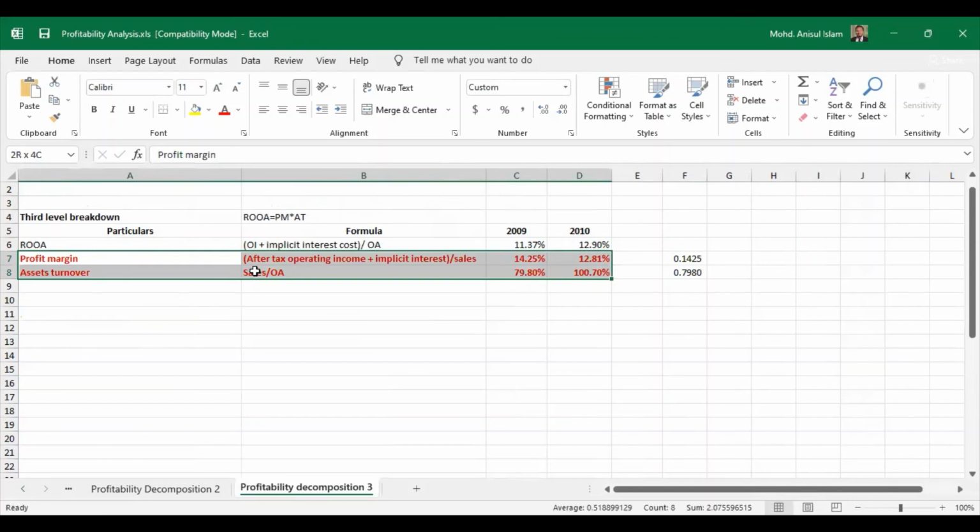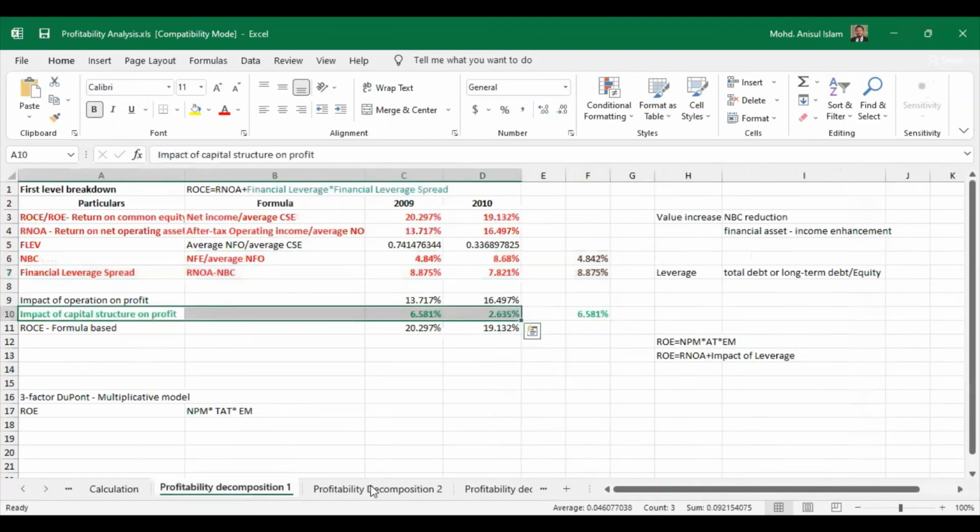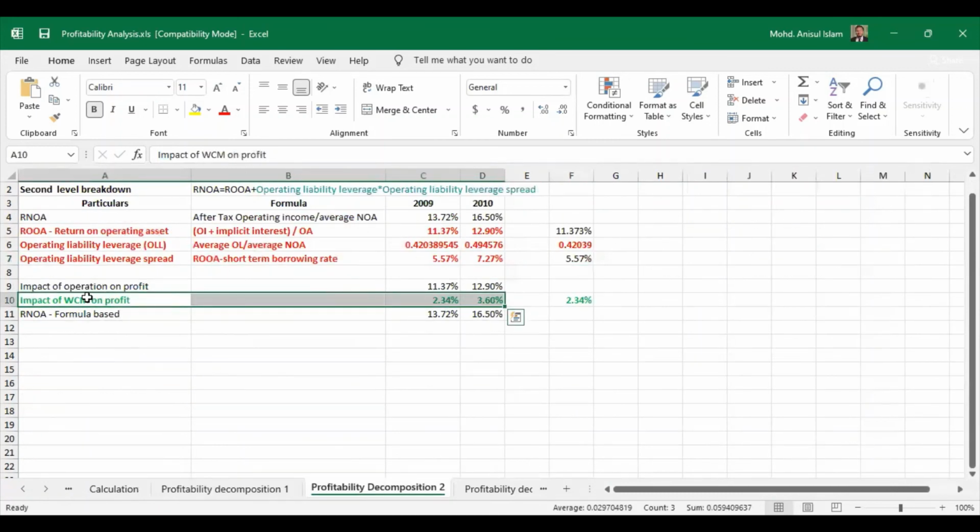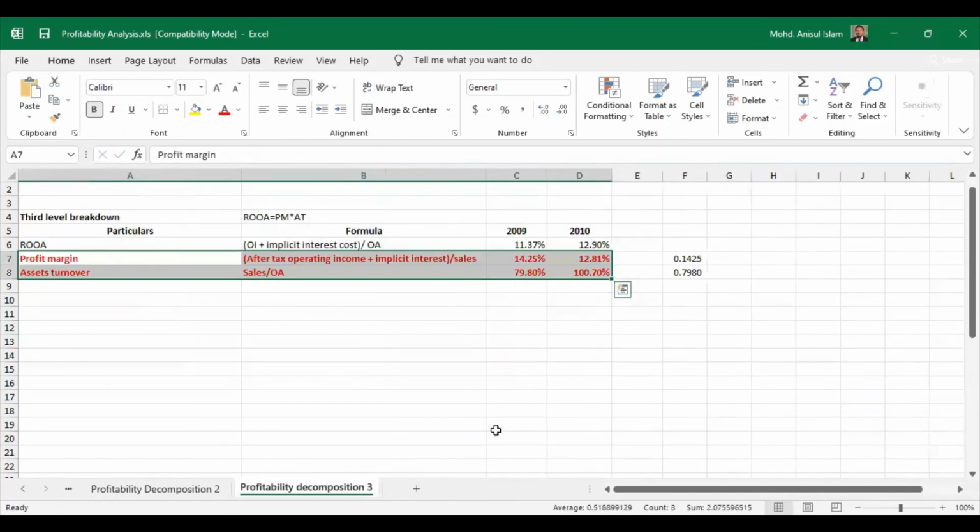Finance has a big role, particularly in the capital structure, and another big role in working capital management. Profit margin and asset turnover are contributed to by multiple departments.